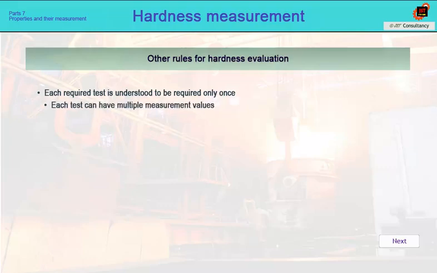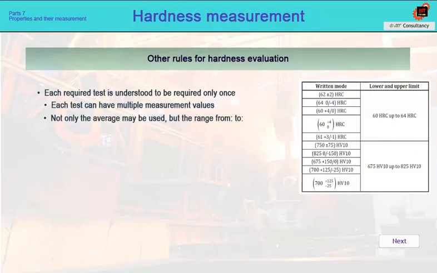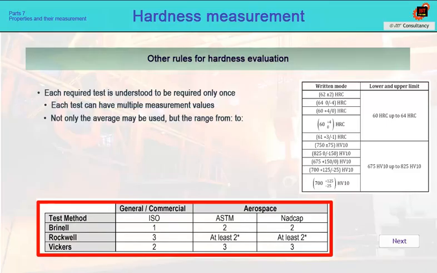The result must be recorded as a value or range of values. It must not be just the average. The number of measurements is in this table. The description of the measurement result should also include the correction factor used for the hardness tester, hardness reference blocks, or the correction factor for the measured radius.